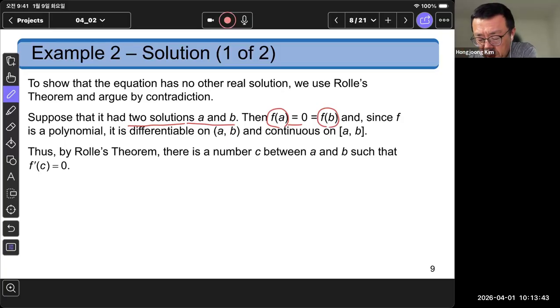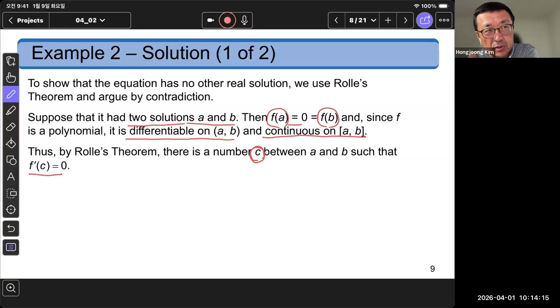So it is differentiable on the interval between a and b, and it is continuous on the closed interval from a to b. So Rolle's theorem can be applied. What does Rolle's theorem say? There will be a number c between a and b such that f prime of c equals 0.